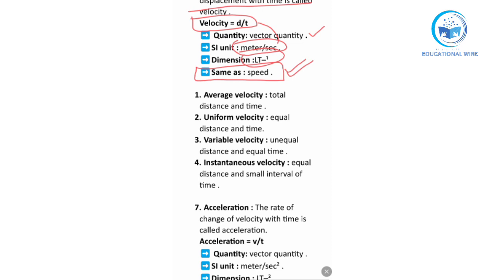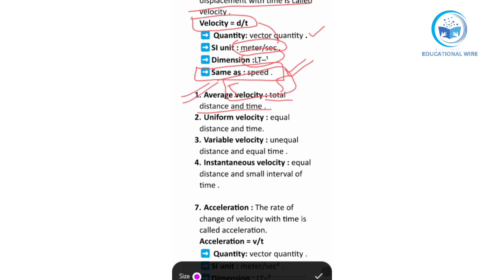Now talking about the types of velocities. If we are given the total distance and total time, like 5 meter distance with 5 second time, this is called average velocity. Next, if we have equal time and equal distance, like 6 and 6, it's called uniform velocity.